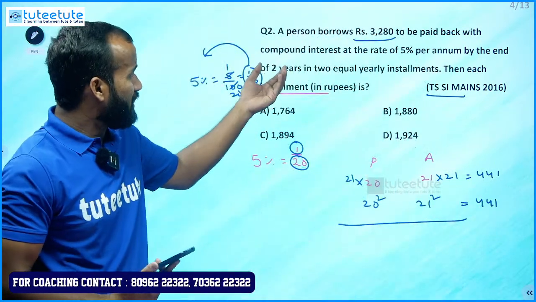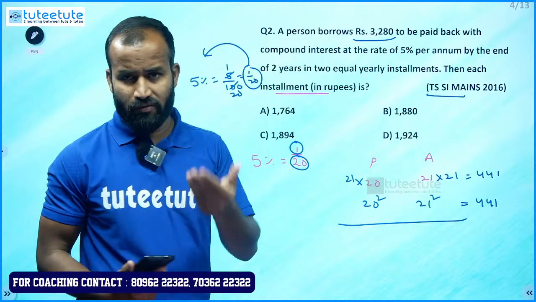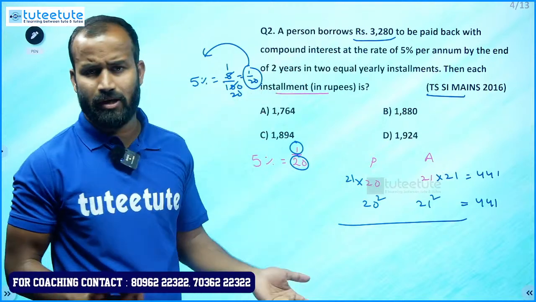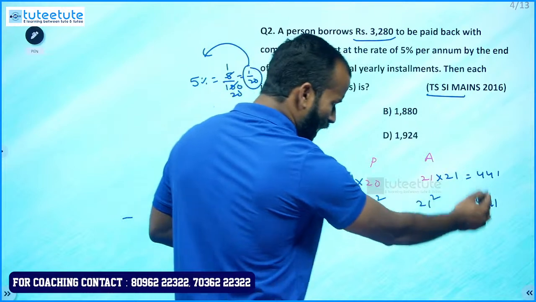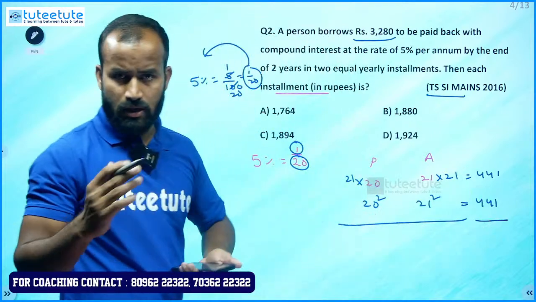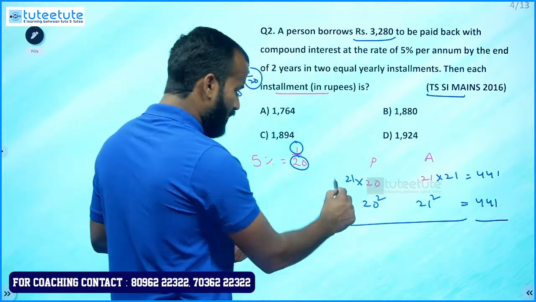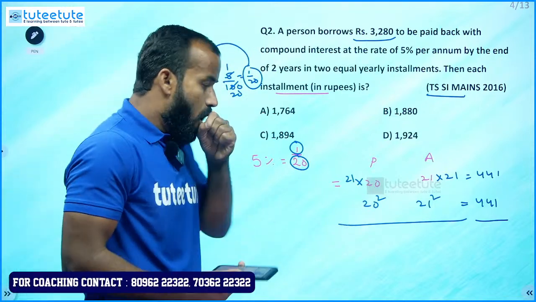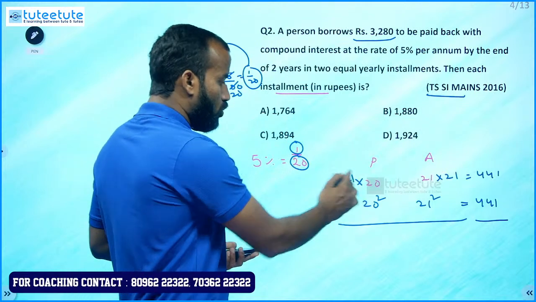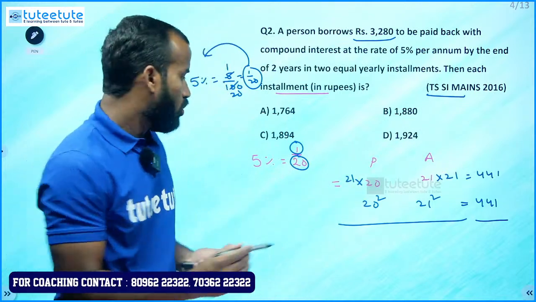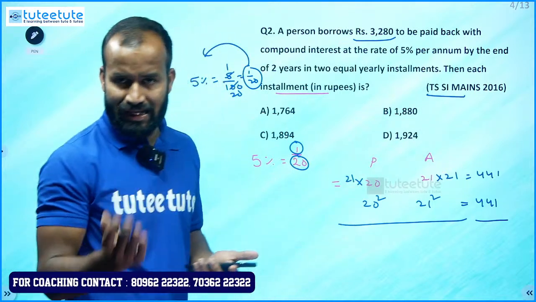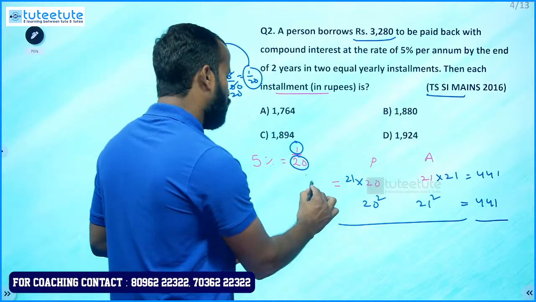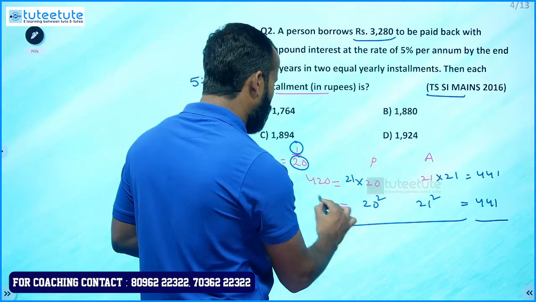See, in the question what are they giving? A person borrowed, principal is given, and they are asking for the installment. So directly principal, no need of adding all these things. In exam what we have to do is, 21 into 20. 21 into 20 how much? 21 tens are 210, means 420. 20 square is 400.